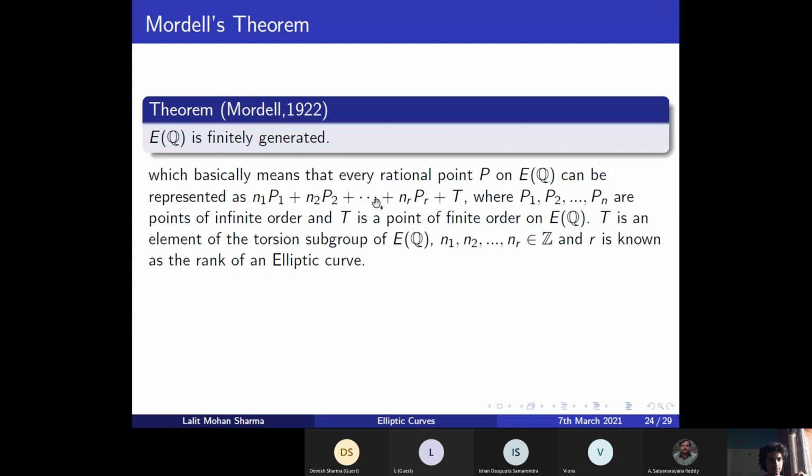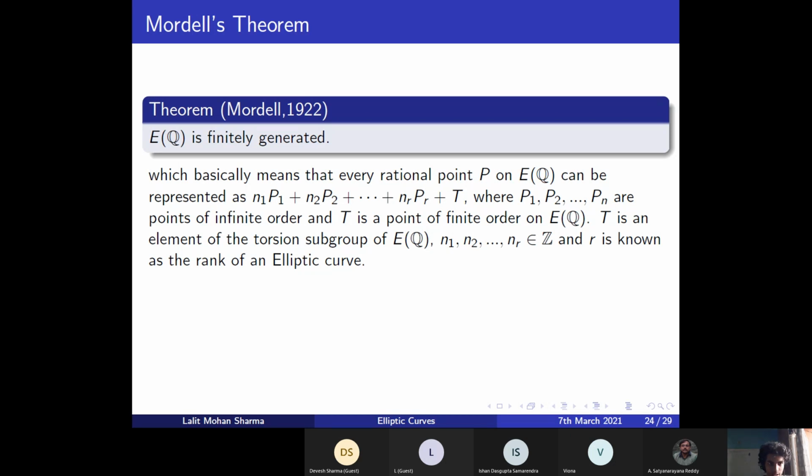If P1 till PR, this is a mistake, it should be PR, not PN, if P1, P2 till PR are all points of infinite order, and T is a point of finite order, then you can represent every rational point as n1 P1 plus n2 P2 and so on till nr PR, plus T, where T is a point of finite order.